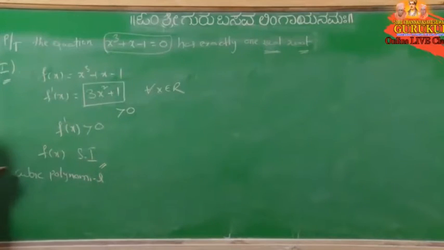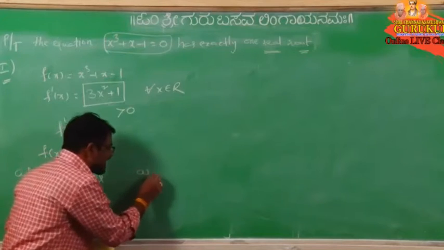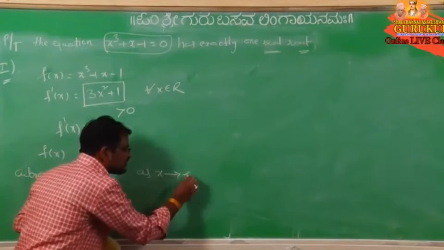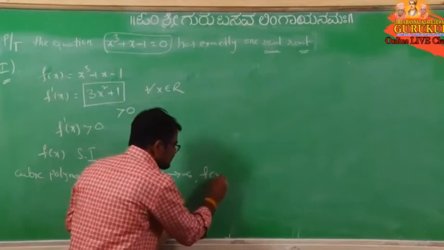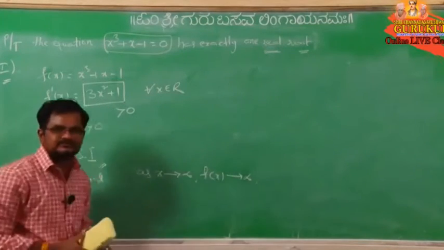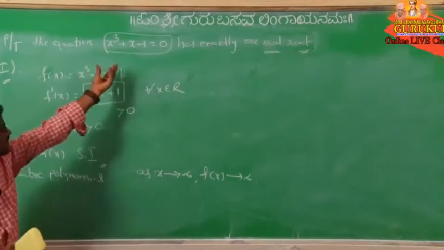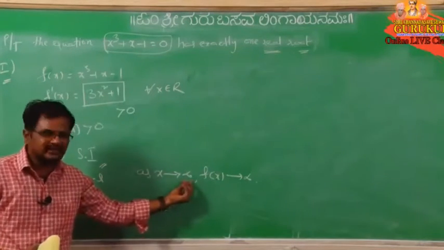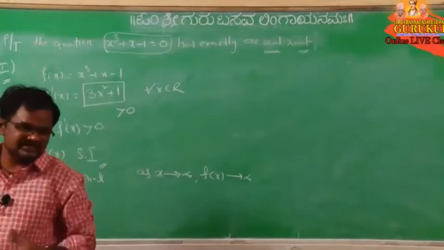But here, for a cubic polynomial, as x tends to infinity, f of x also tends to infinity. Try to understand.